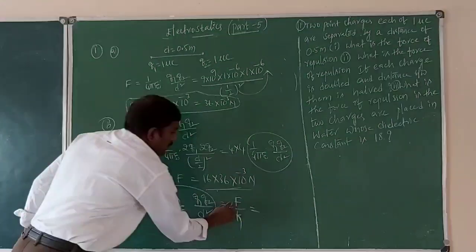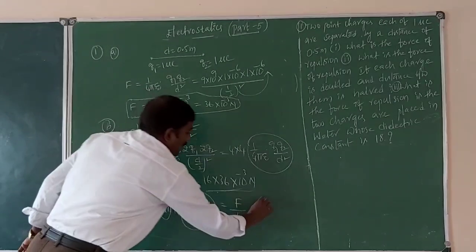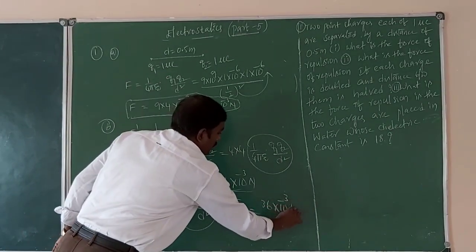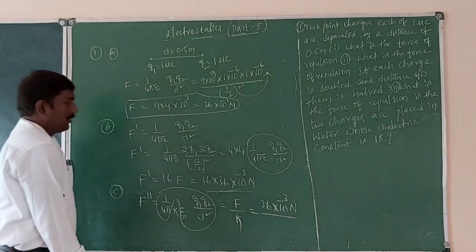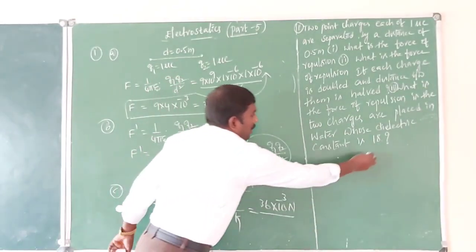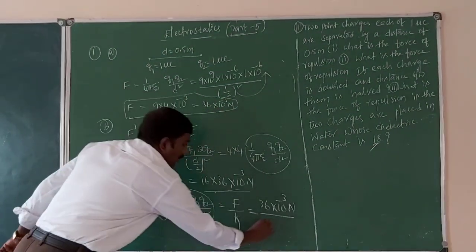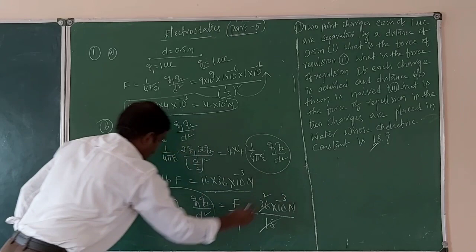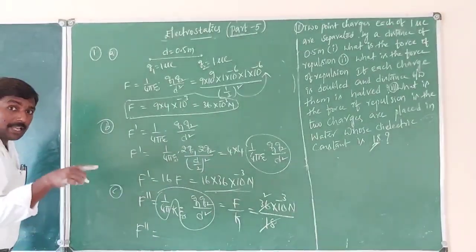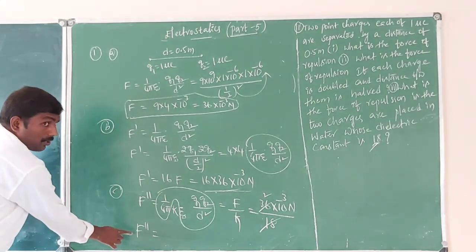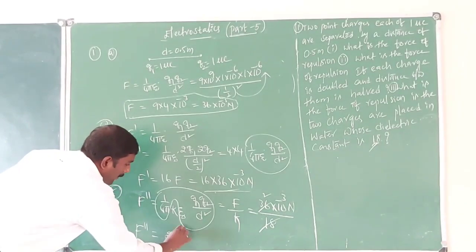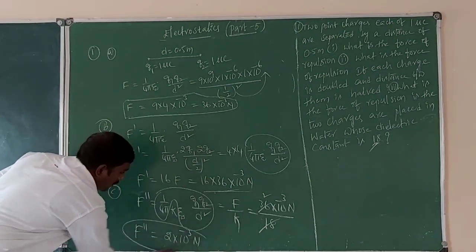Then what is the value of F? 36 into 10 to the power of minus 3 Newton divided by what is the value of K? 18. See, 18 is the K value. So F double dash, that is the new force. Whenever two charges are kept in water, new repulsion force F double dash is equal to 2 into 10 power minus 3 Newton.